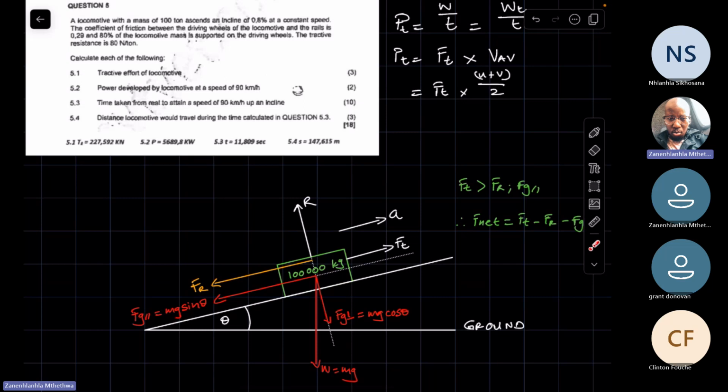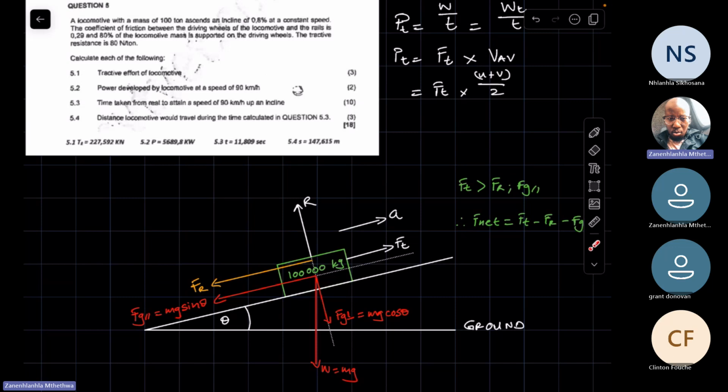And then you're going to look at forces going in the same direction. Now, there are two ways in which you can consider direction for vectors. One is by using the Cartesian plane, by saying forces going up are positive, forces going down are negative, forces going to the right or east are positive, and forces going west are negative.